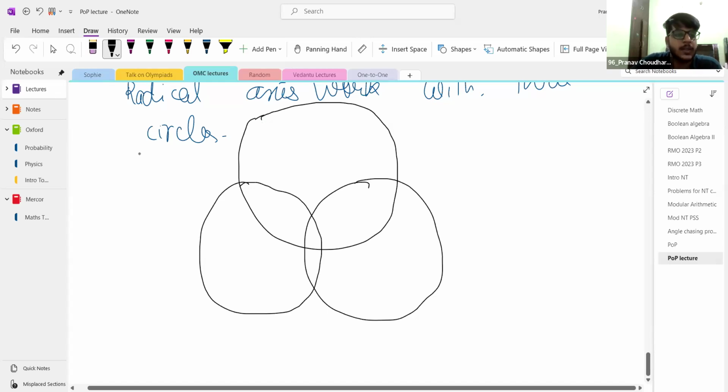So let's call the circles omega 1, omega 2, and omega 3. This is the radical axis of 1 and 2. Let's call this L12. This is the radical axis of 1 and 3. Let's call this L13.